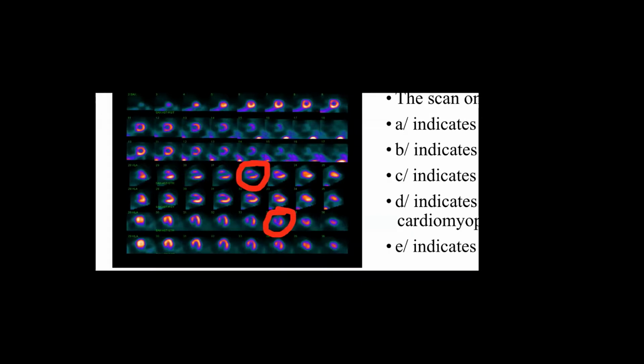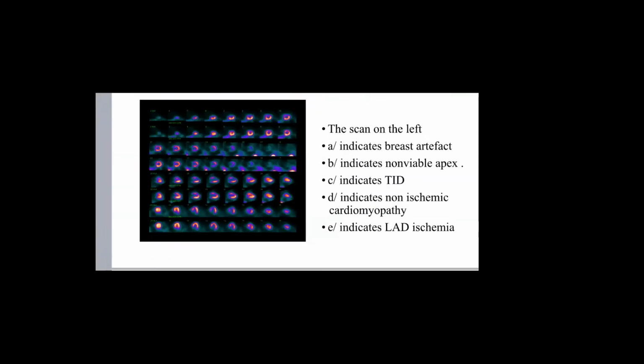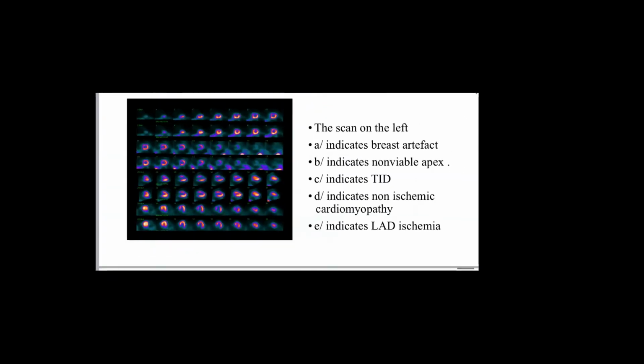Anterior wall and apex. So this is what? During stress, yes. Sometimes they write stress and rest, but if they don't write it, the upper row is usually the stress.